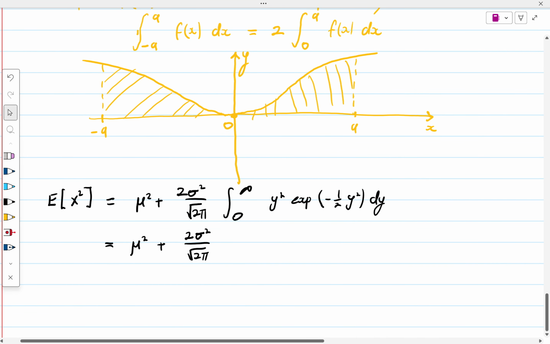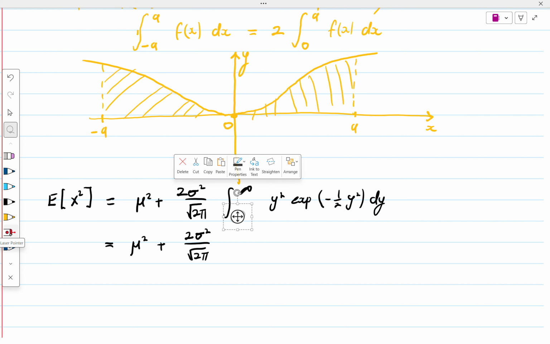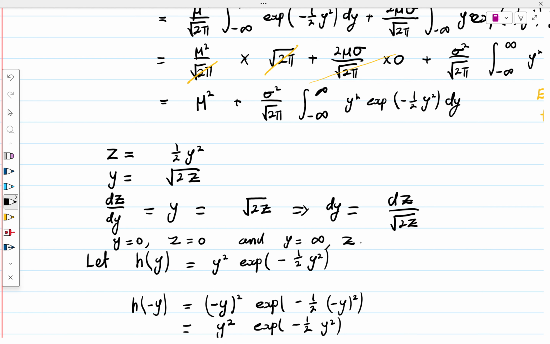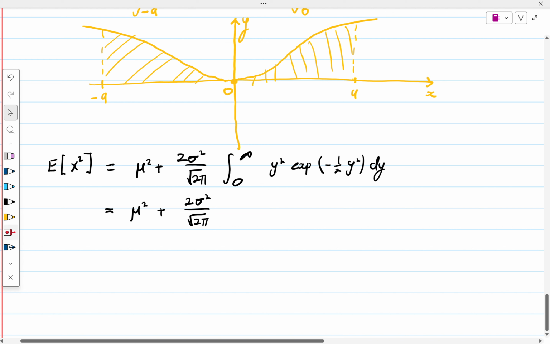And the other thing to note is, we're going from 0 to infinity for y values. Of course, when y equals 0, z equals 0, and when y equals infinity, z equals infinity, which I forgot to mention earlier. So when we substitute in the terminals, they need to be from 0 to infinity.